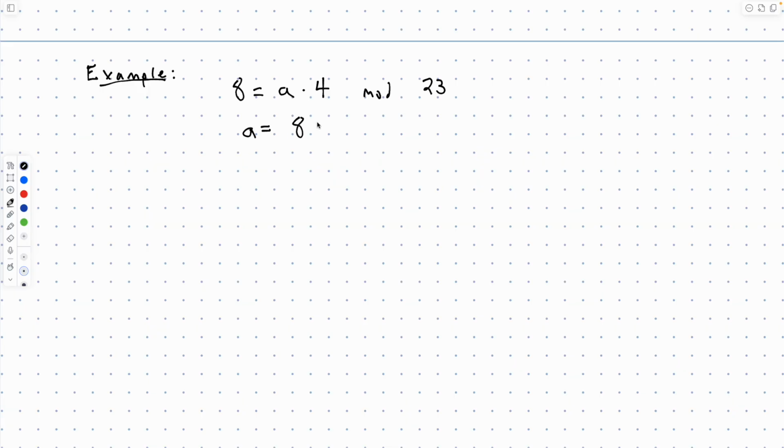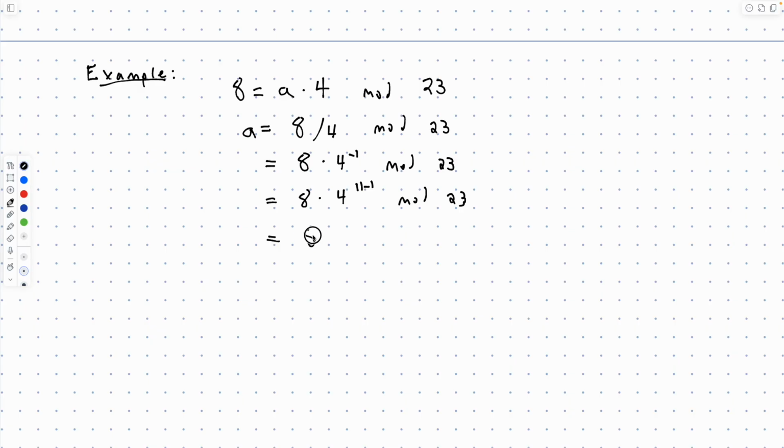So a equals 8/4 mod 23. This was a bad example because you can actually just solve it in your head, but we're going to go through the long way of solving it. This is the same as 8 times 4 to the negative 1. Yep. All right. This is the same as 4 to the q minus 1. Q's 11, minus 1, mod 23.